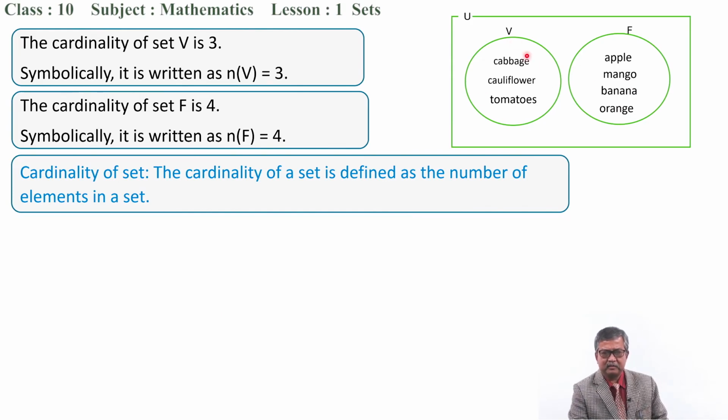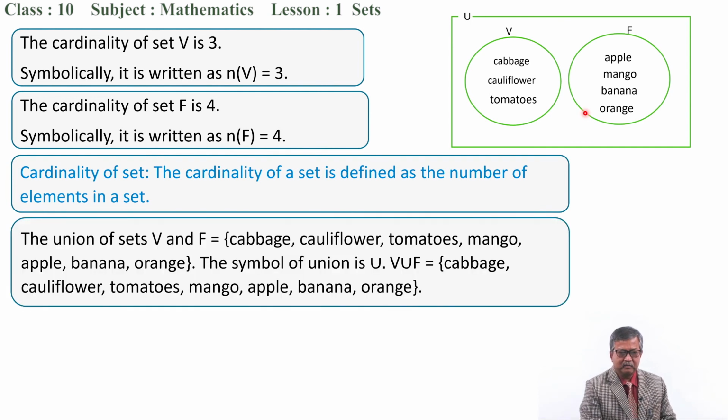Now in these two sets, set V and set F, there are no common elements. So what is the union of these two sets? The union of these two sets V and F means the elements contained in set V and the elements contained in set F taken together.